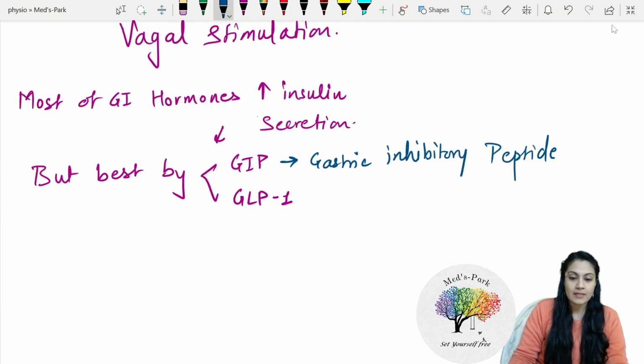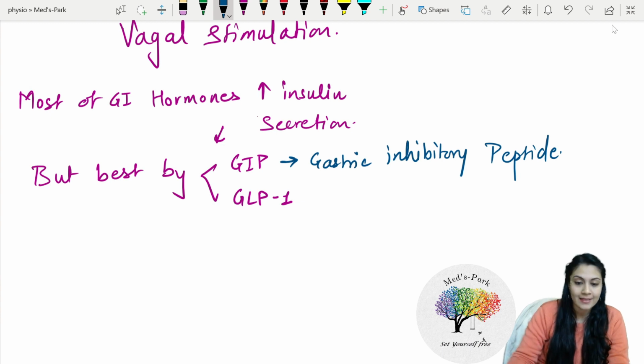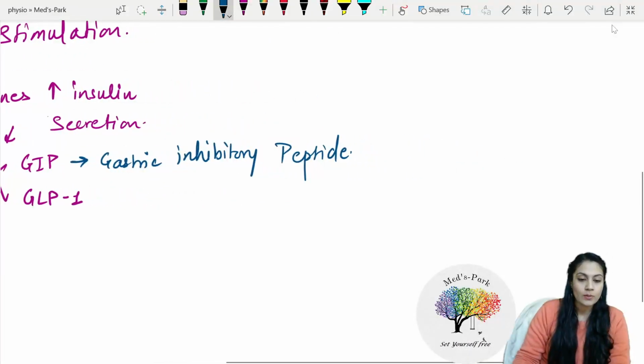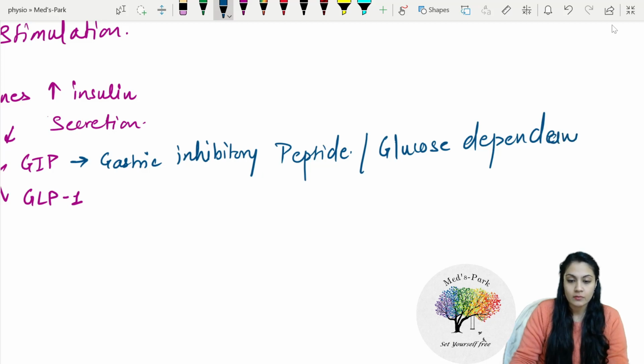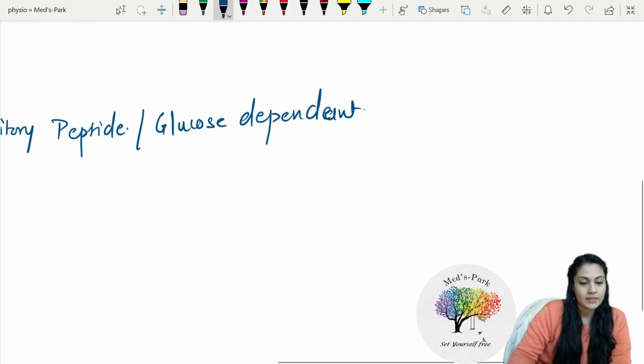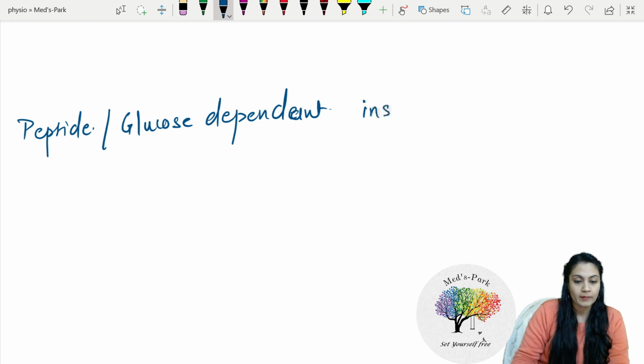But as they got to know later on, that is not the main function of GIP; its main function is insulin release. And that's why nowadays we call it glucose dependent insulinotropic peptide.